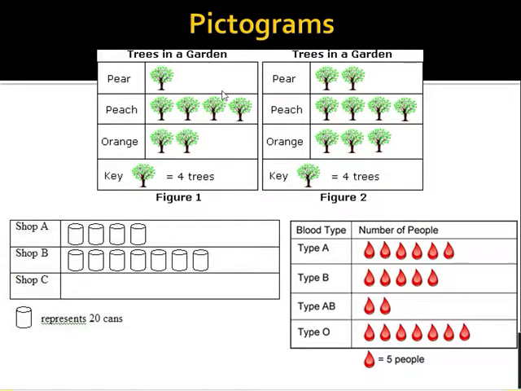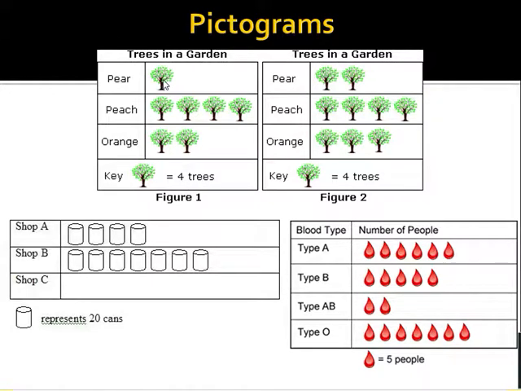So, you can see the trees in gardens. This is one garden, this is the other, where three types of trees are counted: pear, peach and orange. Here you can see one pear tree, here two, but one diagram, one picture, represents four trees.